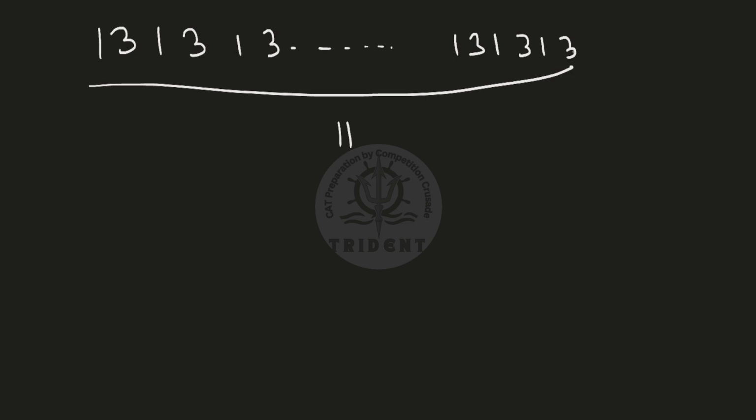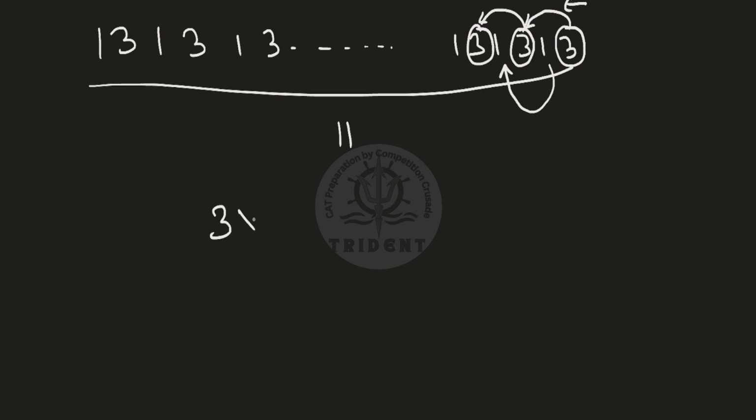Please recall, the divisibility rule of 11 says that from the right hand side you will always make groups of alternate digits. You'll add them, so 3 plus 3 plus 3, and subtract the alternate digits from the tens place. So it is going to be 3 plus 3 plus 3.